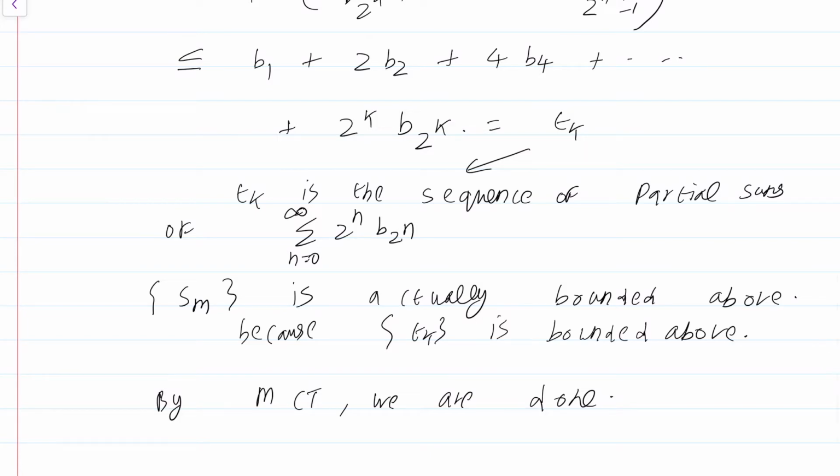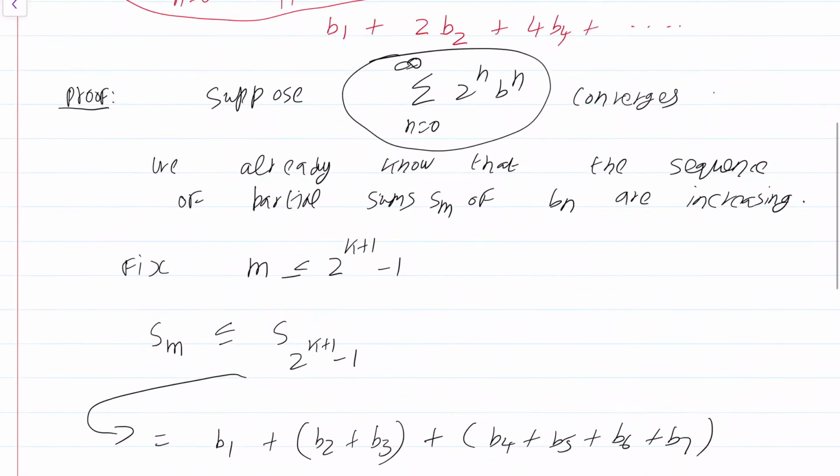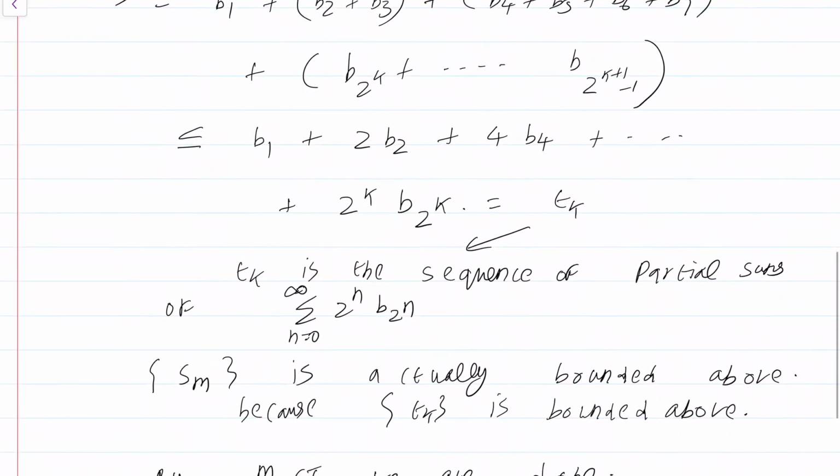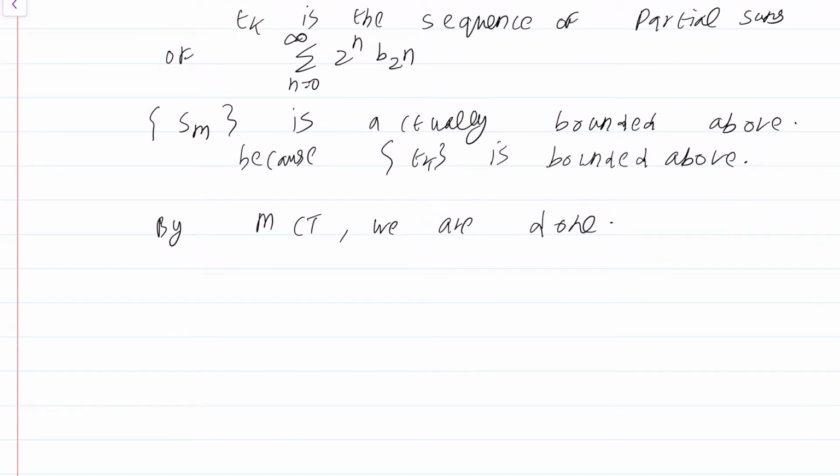Okay. So now if you carefully look at the statement, it says if and only if. What we have shown is we have assumed that this converges, and we have now shown that summation n equal to 1 to infinity bn converges. The other side is very similar to showing that summation 1 by n is divergent. So I'm going to leave it to you.